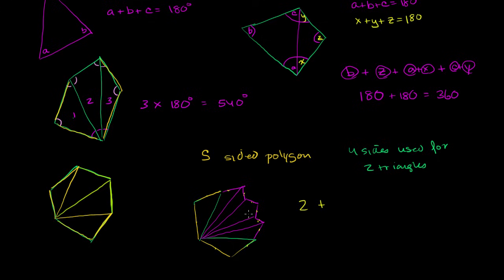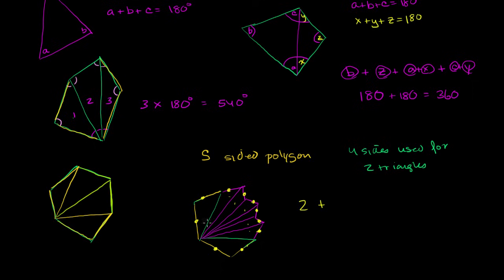Actually, let me make sure I'm counting the number of sides right. So I have 1, 2, 3, 4, 5, 6, 7, 8, 9, 10. Did I count? Am I just not seeing something? Oh, I see. I actually didn't. These are 2 different sides. So I have to draw another line right over here. I can get another triangle out of that right over there.